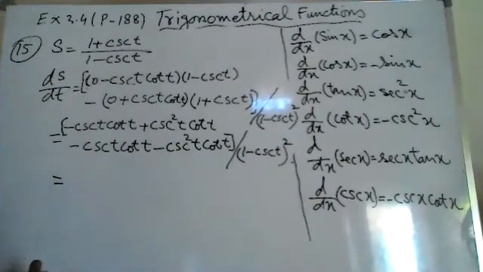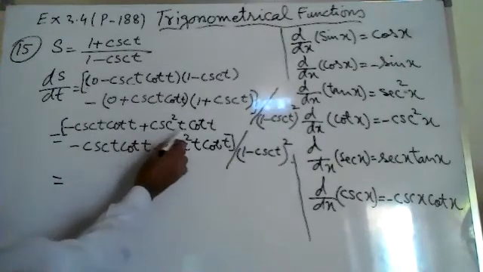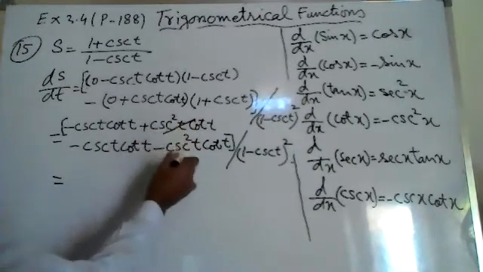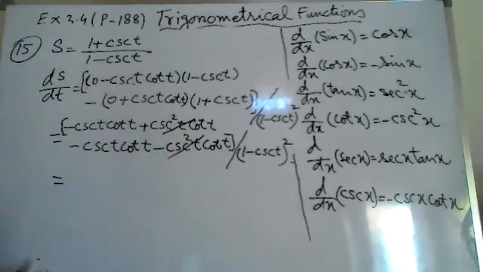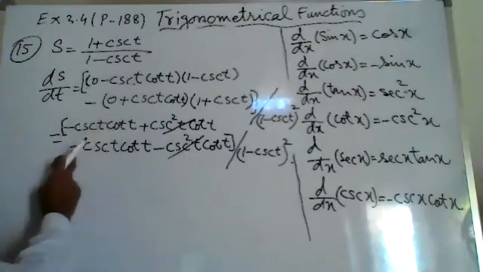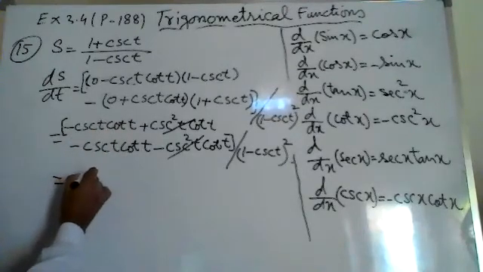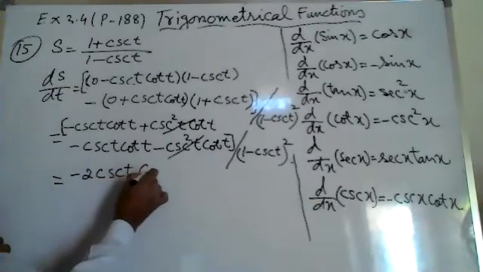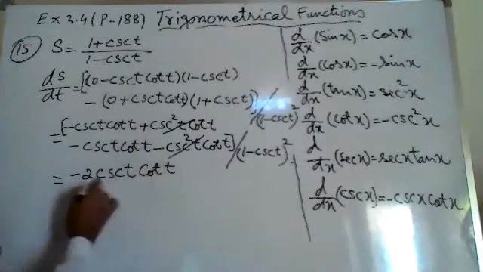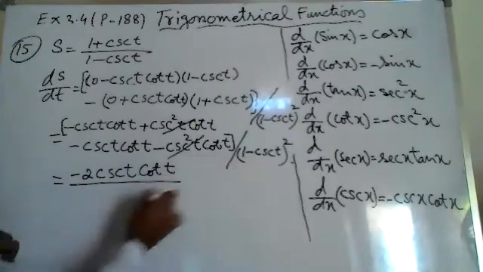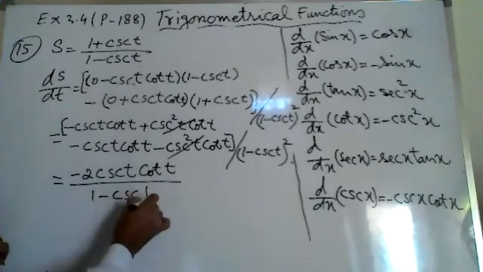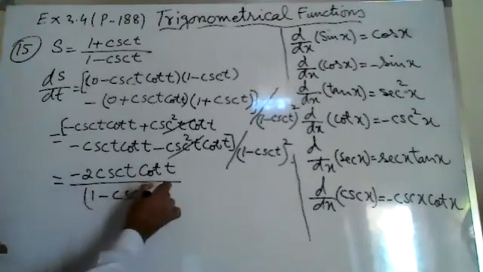Further simplify. Plus cosec square t cot t minus cosec square t cot t, they are cancelled. Minus cosec t cot t minus cosec t cot t will become minus 2 cosec t cot t, whole upon 1 minus cosec t whole square.